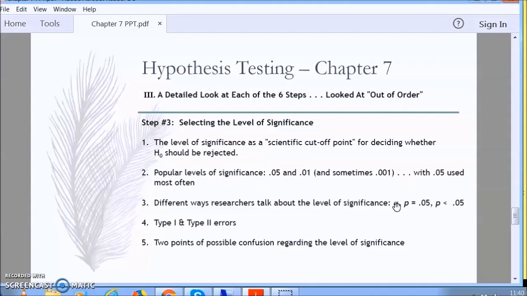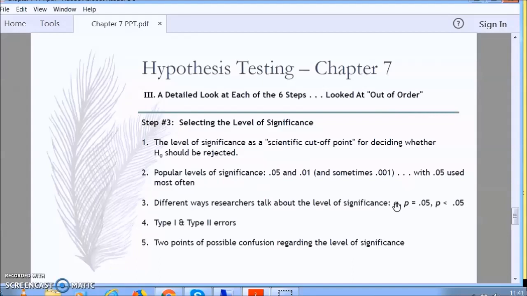These are the different ways researchers state the level of significance. But H0, the null hypothesis, will be rejected if p is less than 0.05. Sometimes the level could be 0.01.